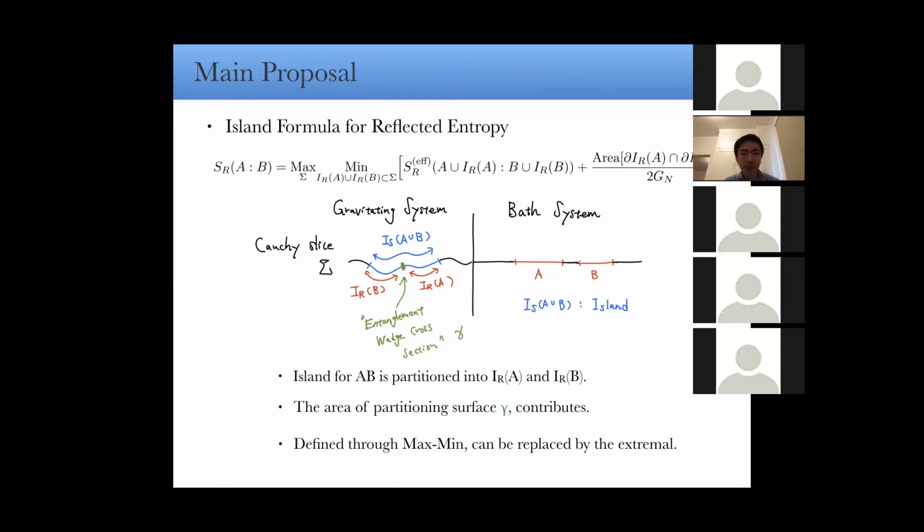Let's again consider the gravitating system and the bath system, which has no gravitation inside, and couple these two systems by some interaction, and consider the two subregions in the bath system, which are written as A and B. I want to consider the reflected entropy between these two subsystems in the presence of the entanglement island.